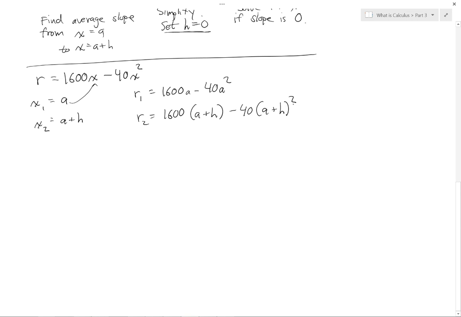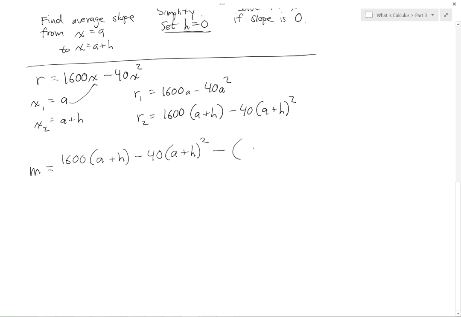Okay, so let's find the slope then. This is going to be a kind of tedious process, but I'm going to go through this as many steps as I can. First we need to take R2 minus R1. So we need to take the 1600 times A plus H minus 40 times A plus H squared.